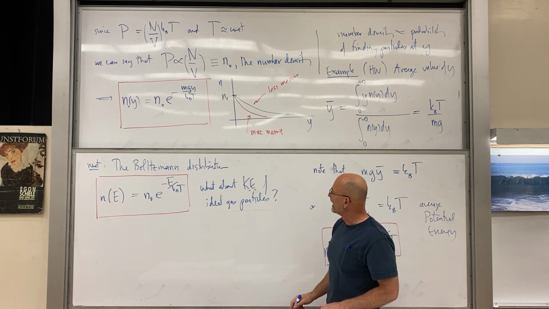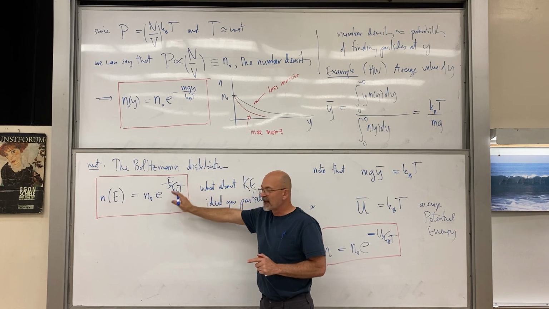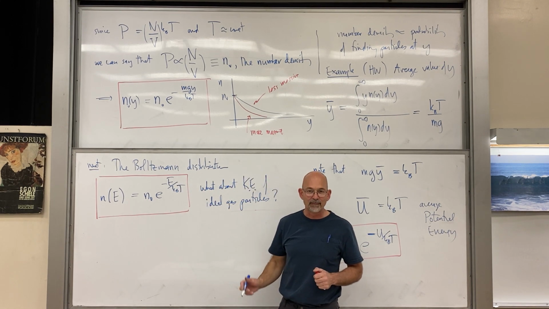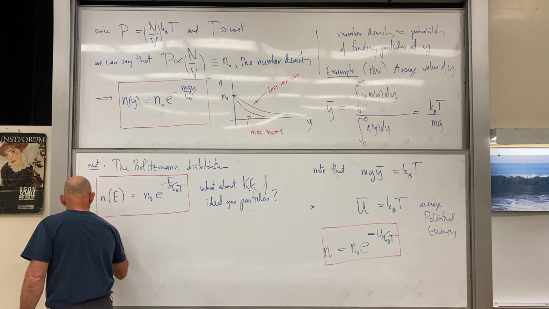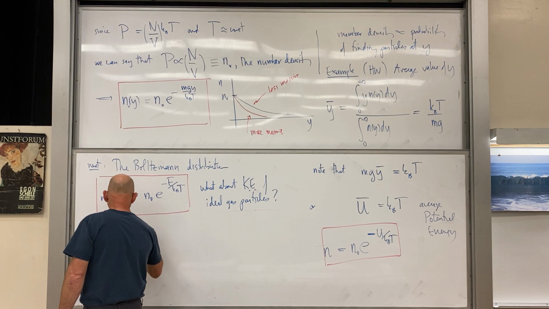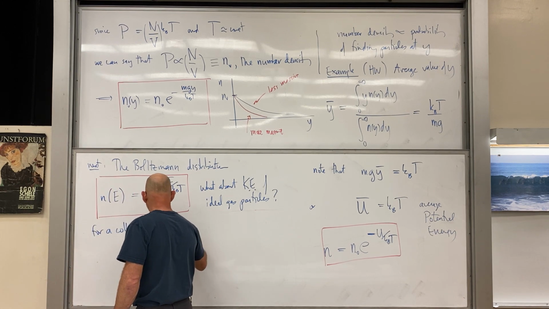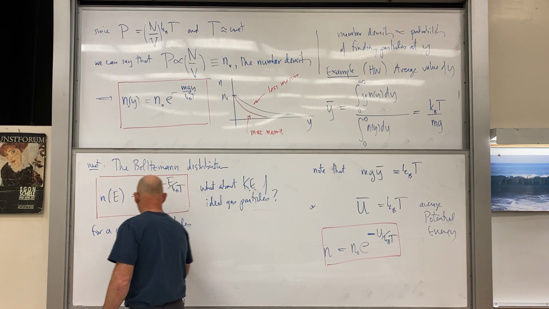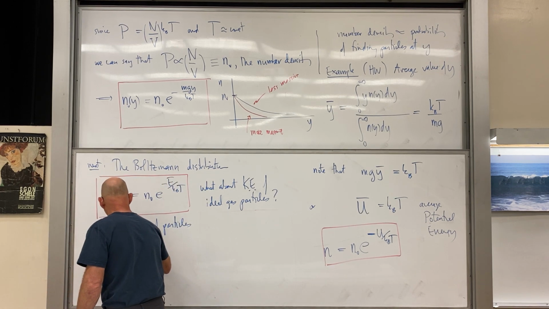Actually let me go ahead and say something about this. Boltzmann distribution, collection of particles in thermodynamic equilibrium. So for a collection of particles, just so that's been mentioned, particles in thermodynamic equilibrium.